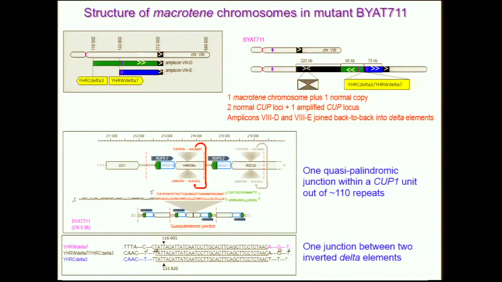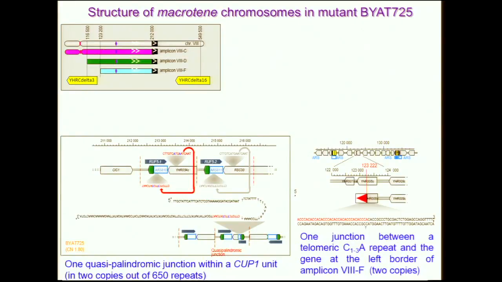In this particular case, we sequenced it and we find a junction like this within the CUP1 repeat in one copy, and there are 110 repeats in total. In addition to that, we find a junction between two delta elements, such that we could propose for the structure a normal chromosome plus a macro chromosome with one amplified CUP locus and two normal CUP loci, shown like here.